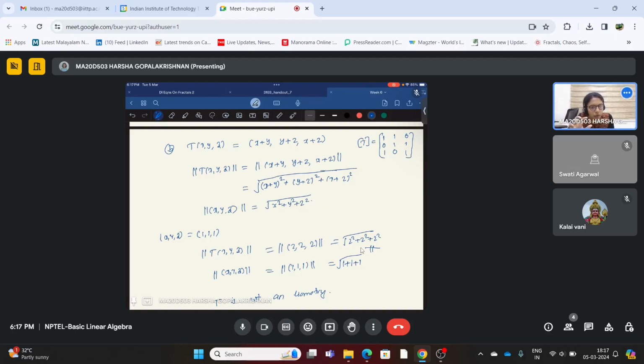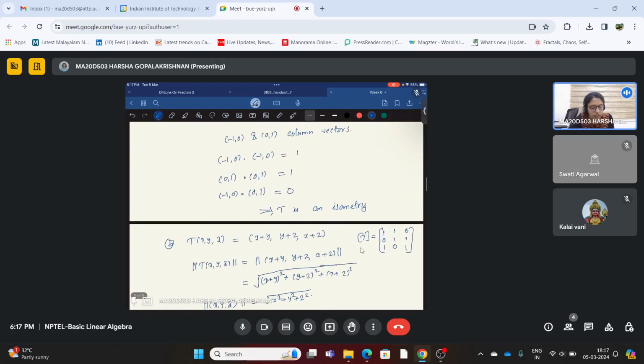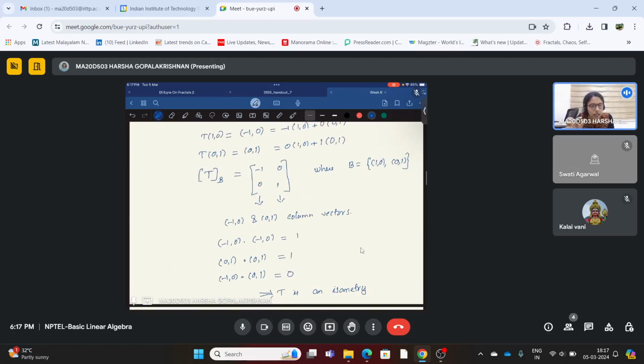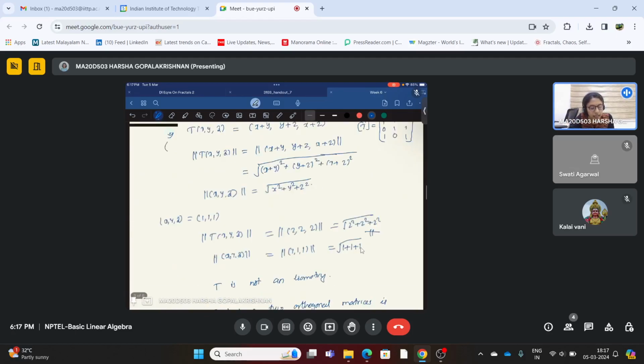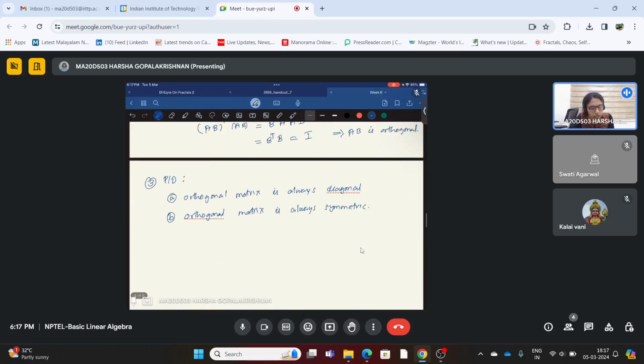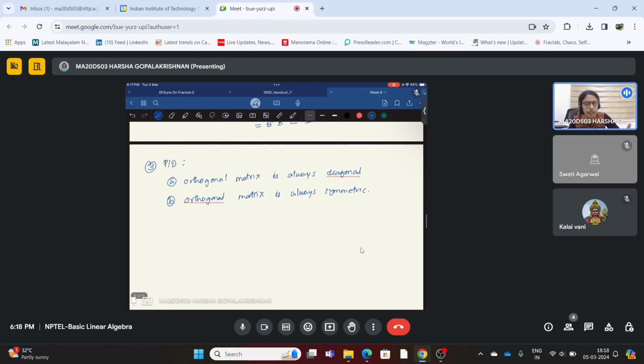So our question is, is this true in general? That means if A is a matrix which is orthogonal, is it always diagonal, or is it always symmetric? Can anyone say whether it is true, or can you give a counterexample? That means a non-diagonal matrix which is orthogonal, and a non-symmetric orthogonal matrix.